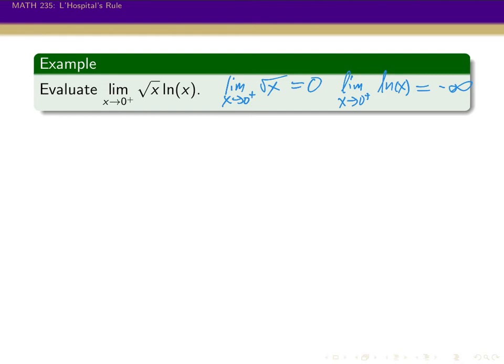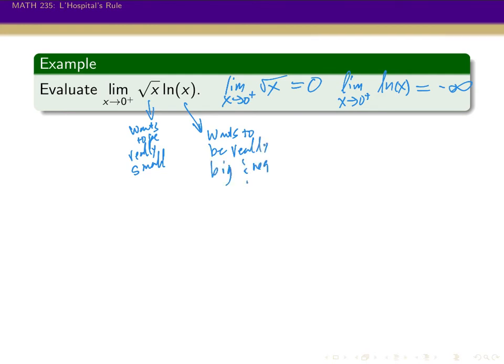So square root of x is trying to make us really small, close to 0. However, on the other hand, natural log is going off to minus infinity, and so this wants to be really big and negative.